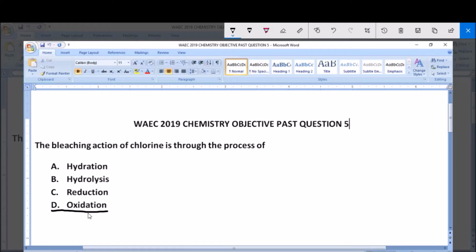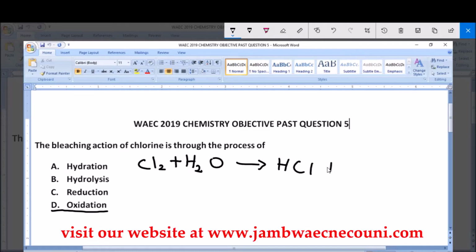mechanism occur? The bleaching action of chlorine is based on oxidation. Now, when chlorine is exposed to water, it reacts with water, and the products formed are hydrochloric acid and hypochlorous acid.